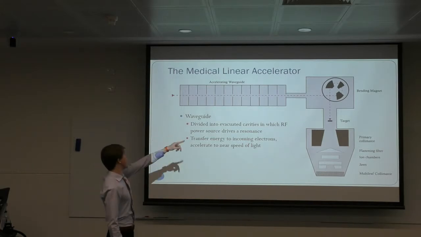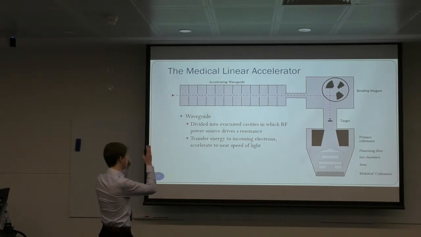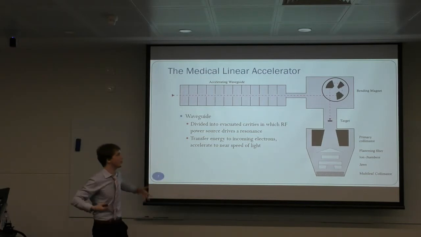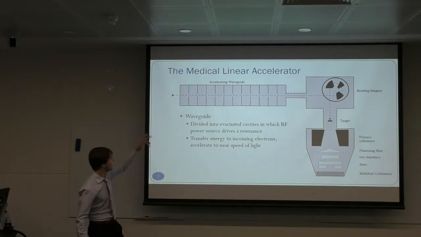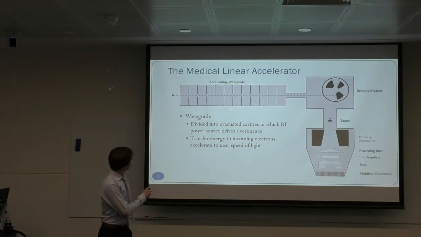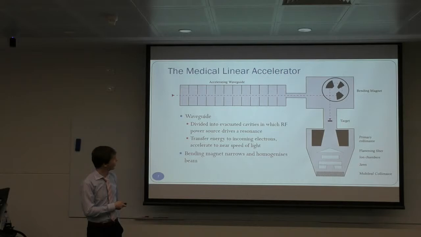You've got the accelerating waveguide here, which is divided into a number of evacuated cavities in which we induce a strong electromagnetic resonance. And this is how we transfer energy to the incoming electrons to near the speed of light. Next they come to this section here where they encounter a bending magnet. There's different types depending on the company making the machine.